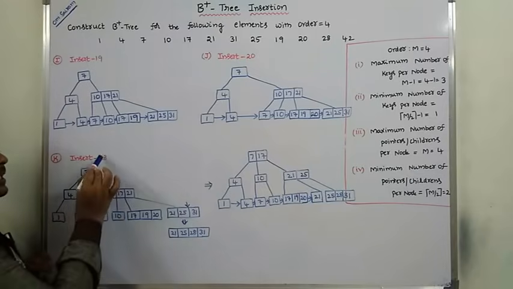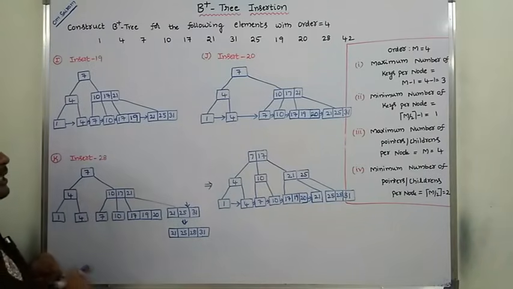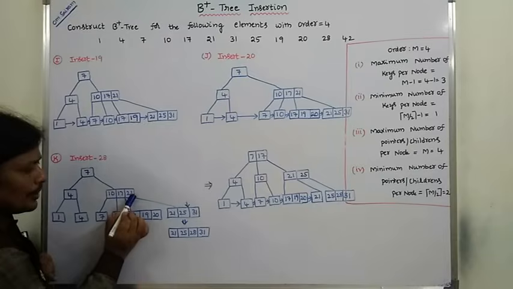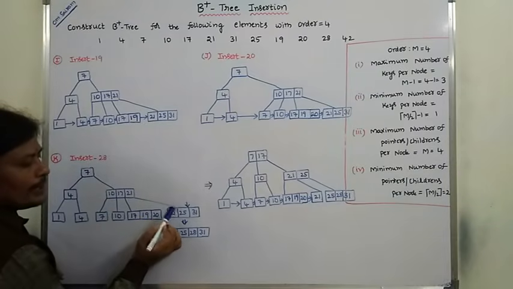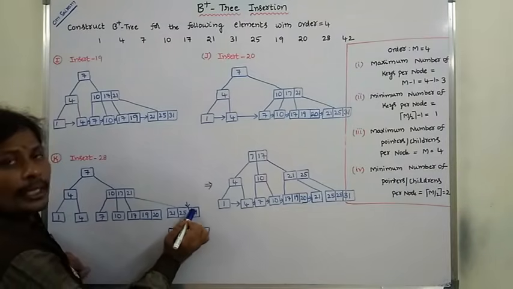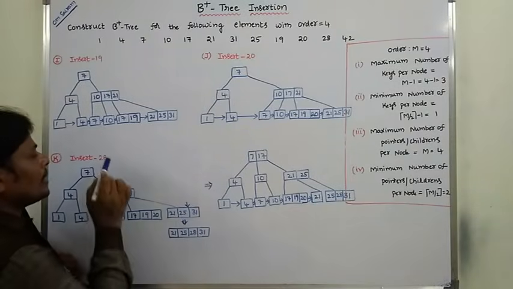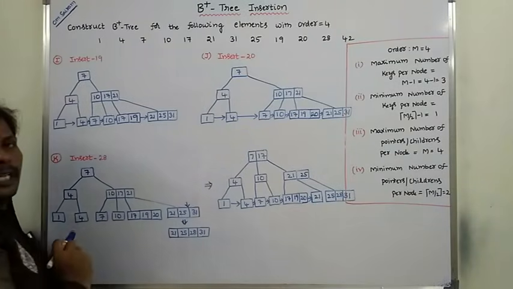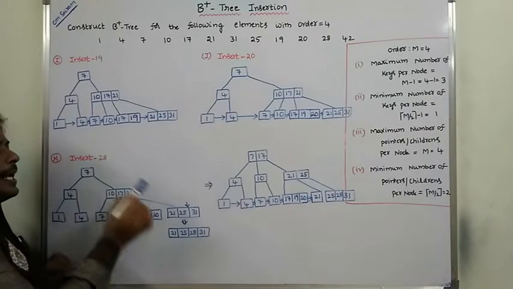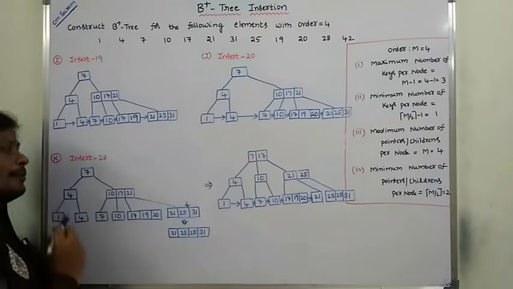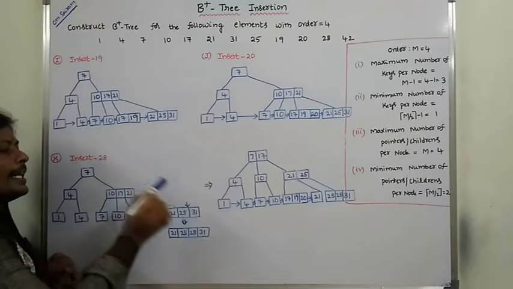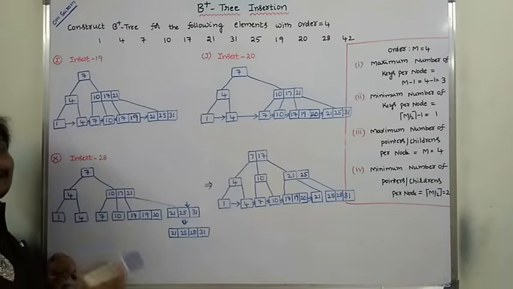It is greater. 28 is compared with 21. It is greater. Go to the right pointer, which points to a subtree that contains a node with the key elements 21, 25, 31. Next, 28 is compared with 21. It is greater. 28 is compared with 25. It is greater. 28 is compared with 31. It is lesser.